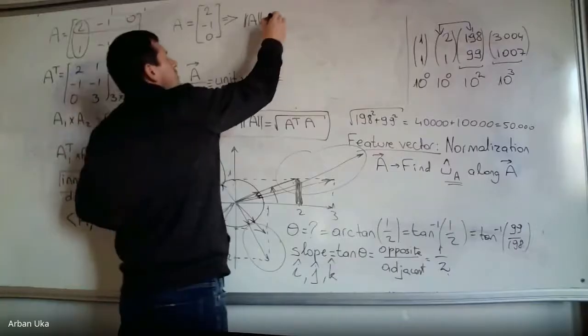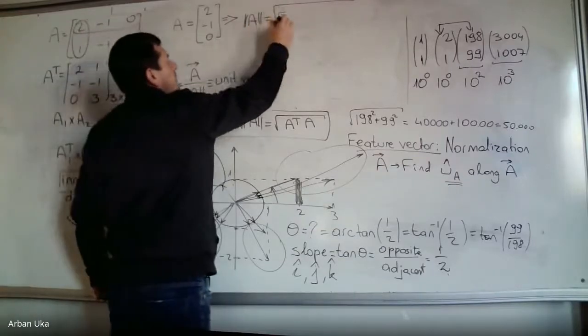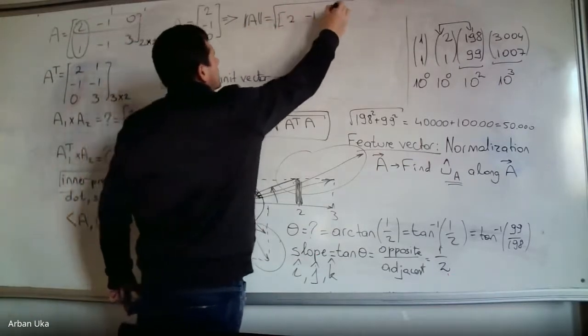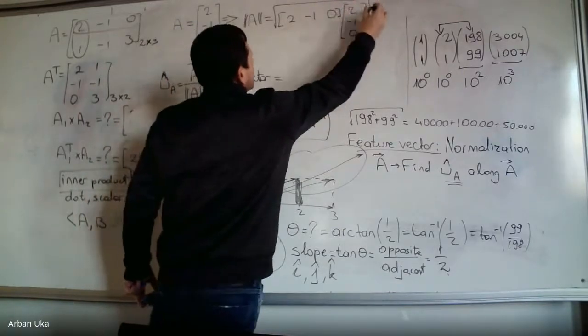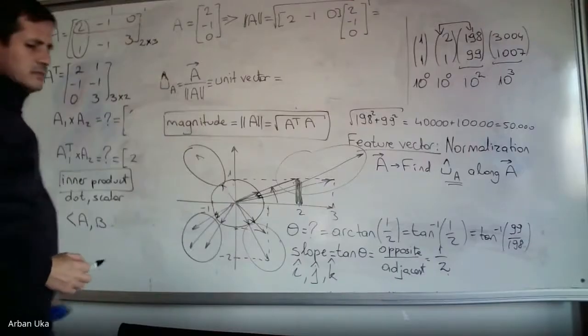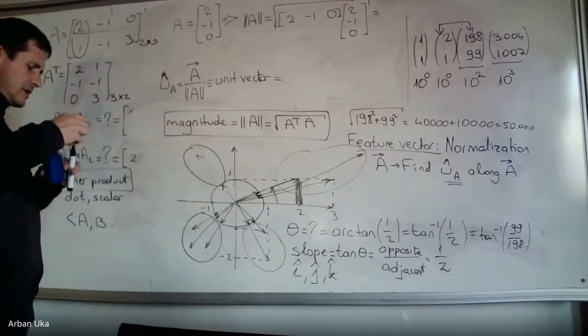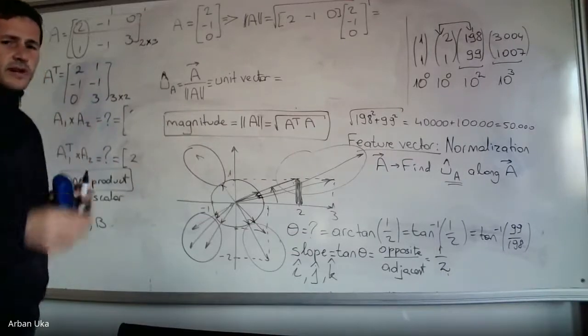So it's going to be the square root of the transpose of this A, 2, minus 1, 0, multiplied with 2, minus 1, 0 again. It's going to be 5. That's the inner product. The inner product is 5. The magnitude is the square root of 5.